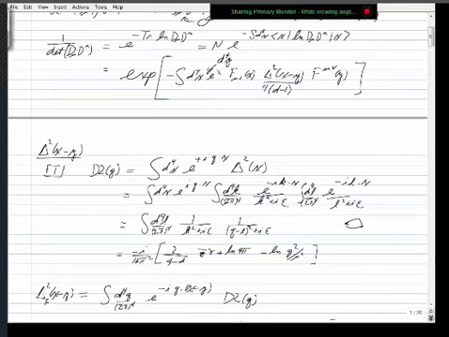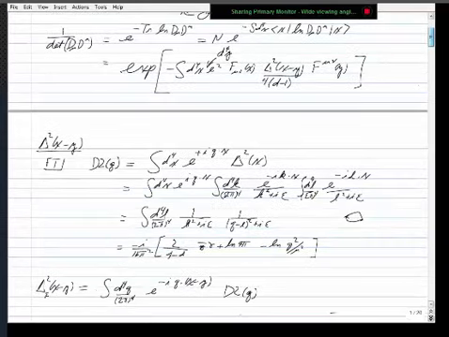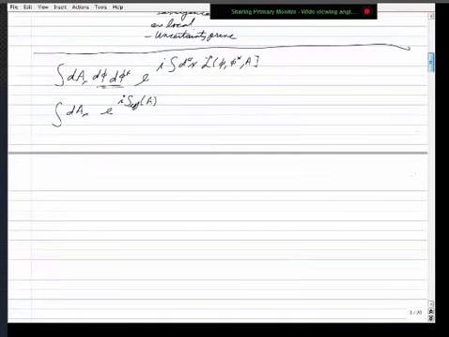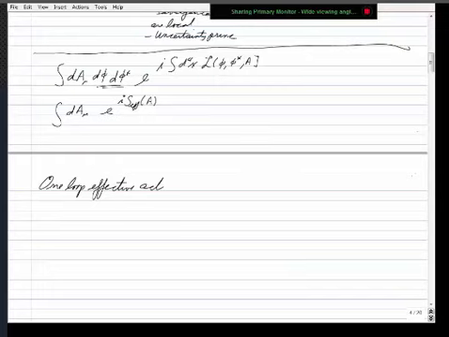It had photons in it, had phi's in it, and it was e to the i integral d4x of the Lagrangian of phi star and A. We've done this integral here, and we're left over now with integral dA.